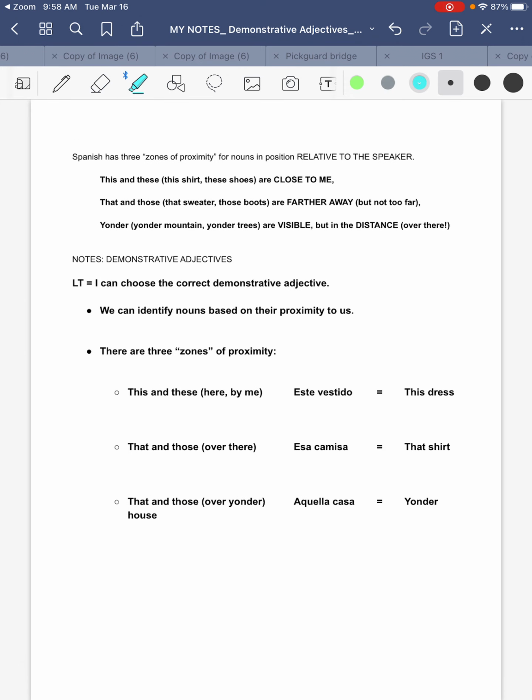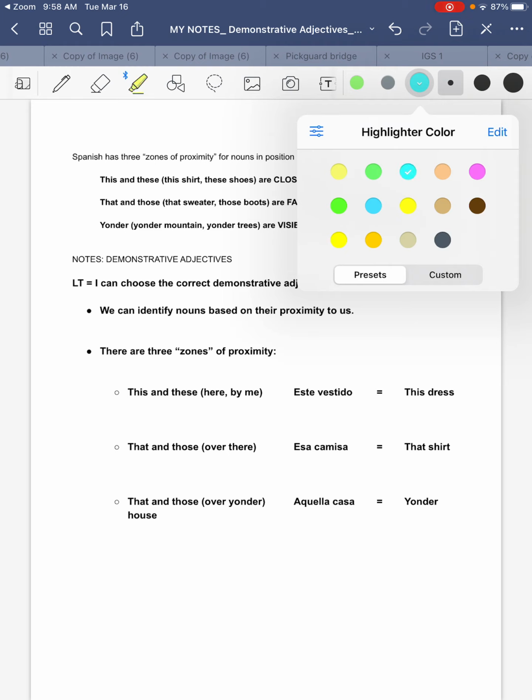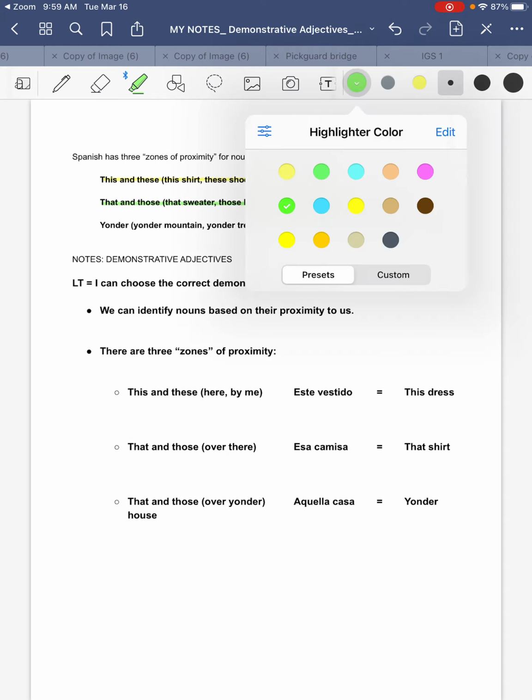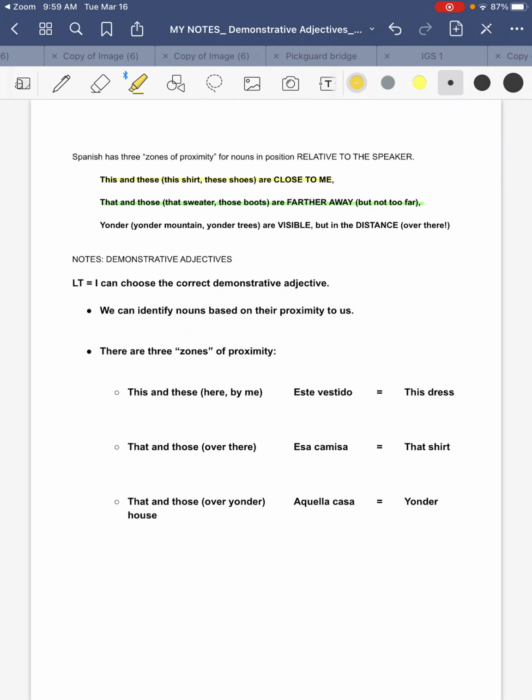First of all, to review, we've got our three zones. This and these: things that are close to me, like this shirt or these shoes. That and those are things that are further away, that sweater or those boots. Or items off in the distance, yonder mountain or yonder trees.